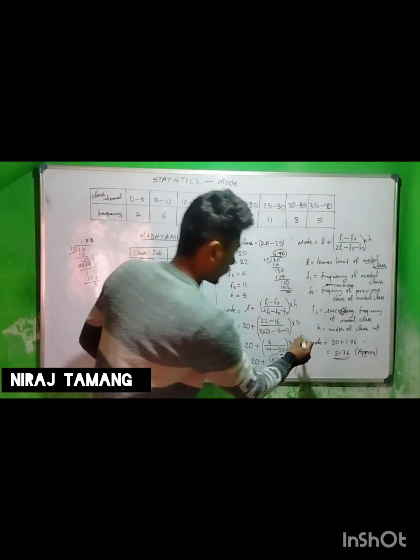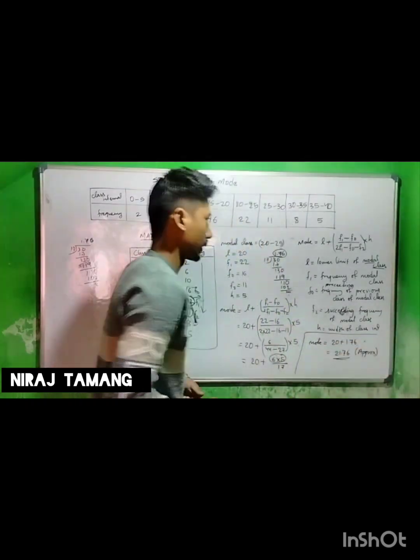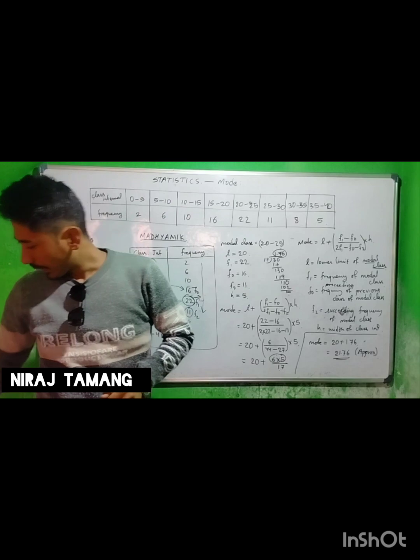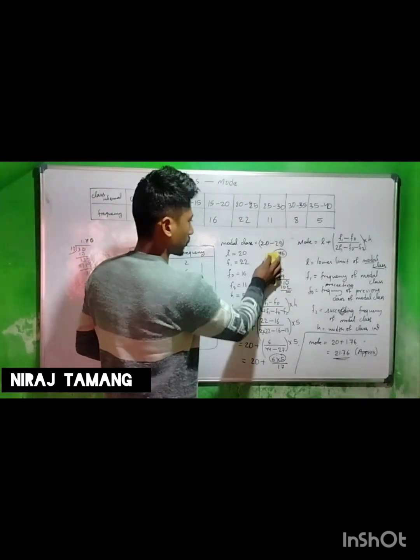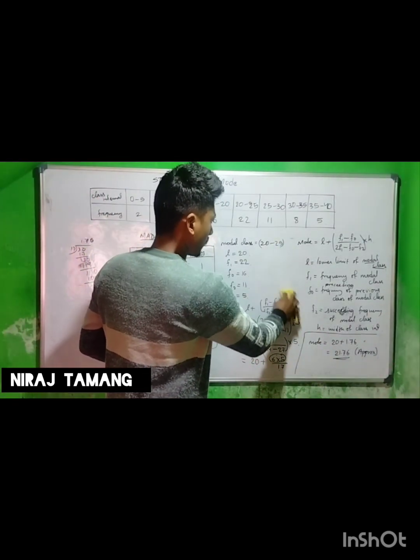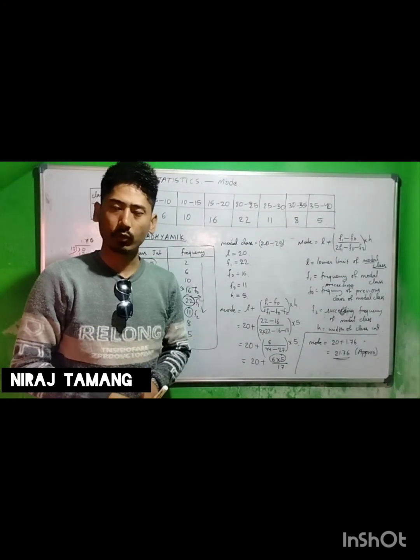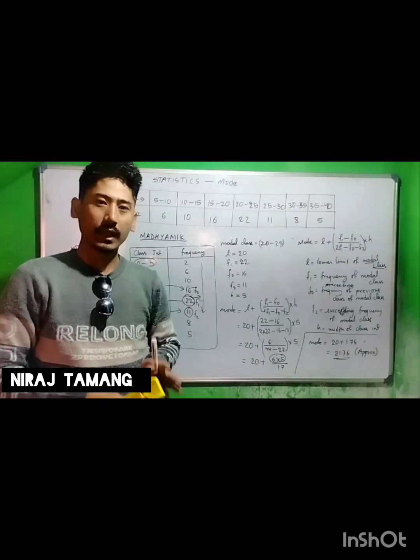This is how we can get the mode in the Madhyamik examination. This is quite a long and complicated method, but in ICSE we have a very easy method: just find the highest value of frequency and its corresponding value of x.